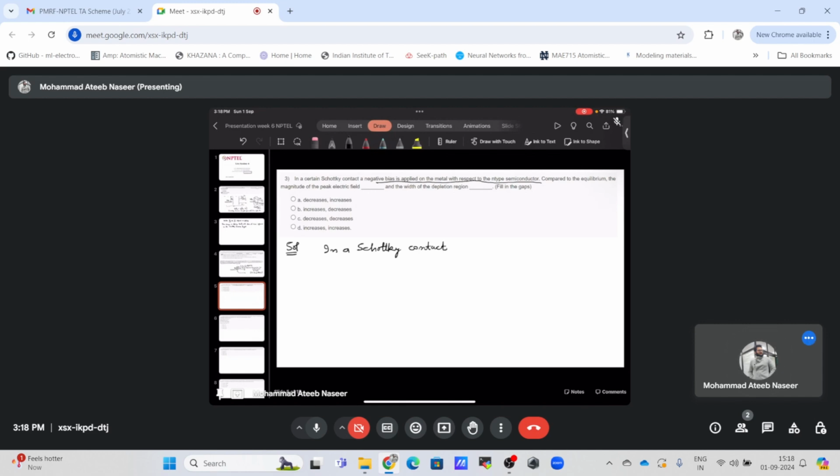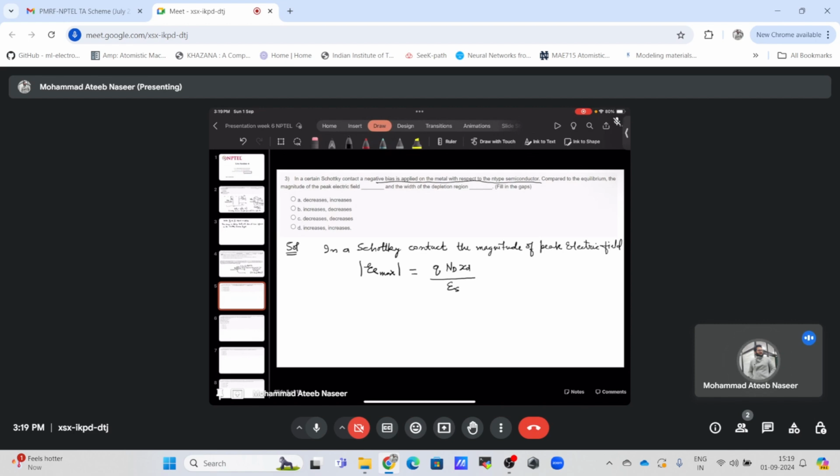In a Schottky contact, the magnitude of the peak electric field, E max, is simply Q times ND, since this is an n-type, that's why we write ND, the donor impurities, times XT, the depletion width, divided by epsilon s, the relative permittivity times the permittivity of free space.